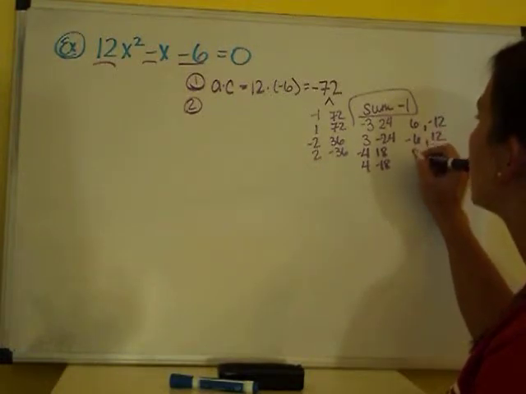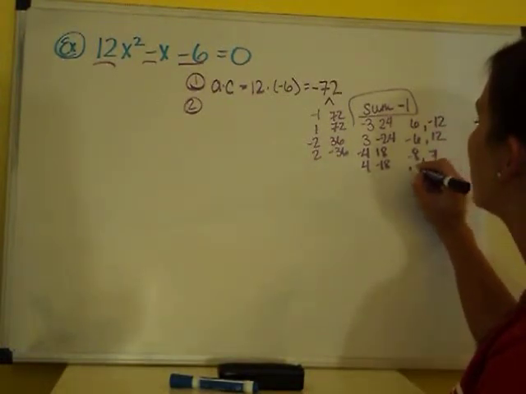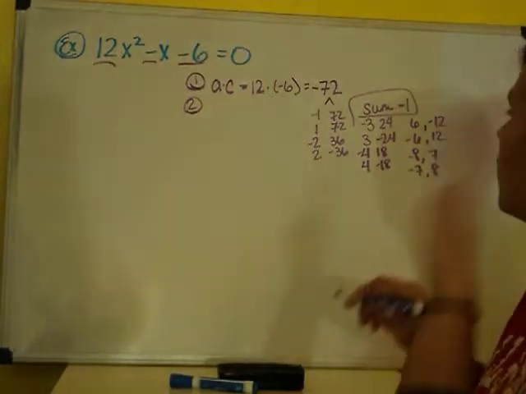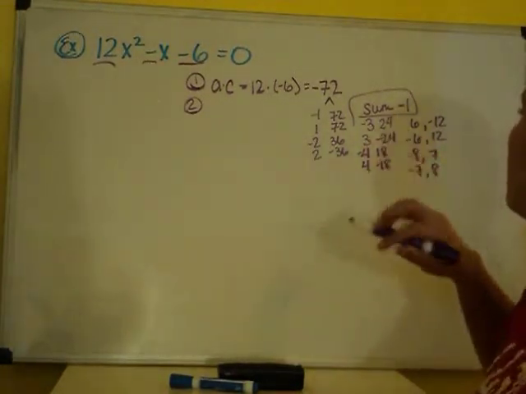And then last but not least, we have 8 and negative 7, negative 7 and 8. Whew, that's a lot. Alright, which ones have a sum of negative 1?